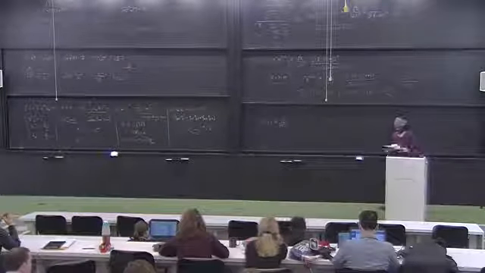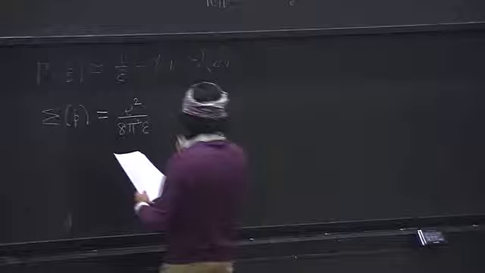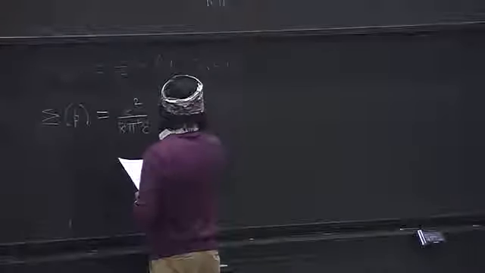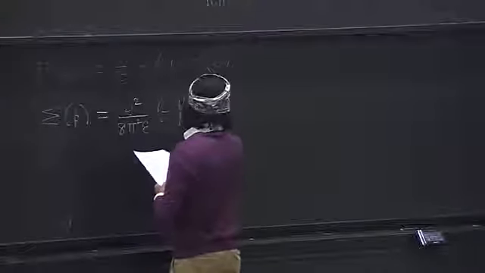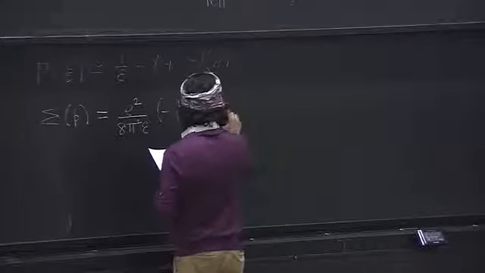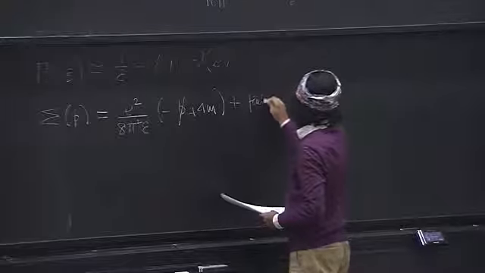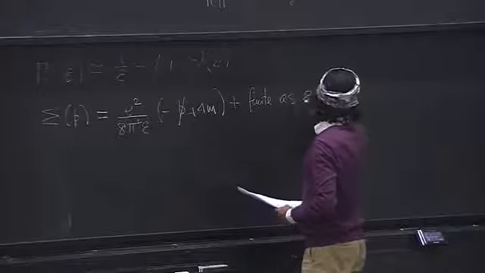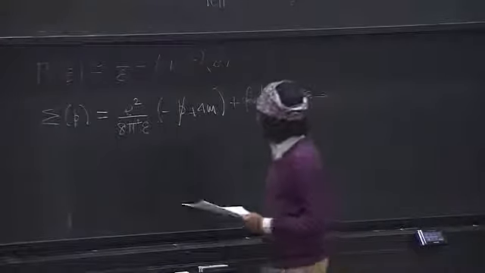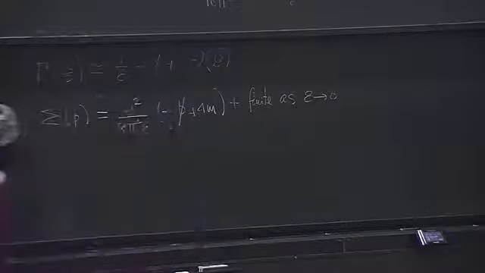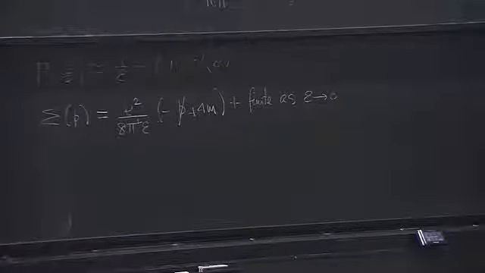All right. So this is minus p slash plus 4m, and there's a part which is finite as epsilon goes to 0. So we have succeeded in isolating the divergent part of the electron self-energy diagram.